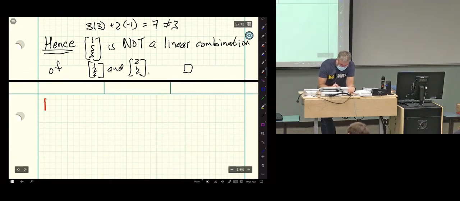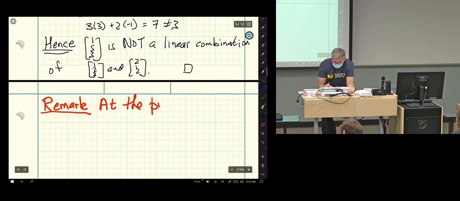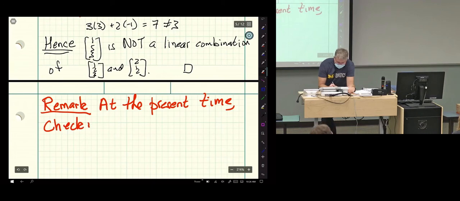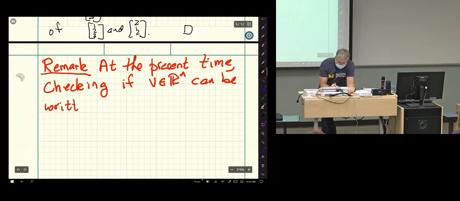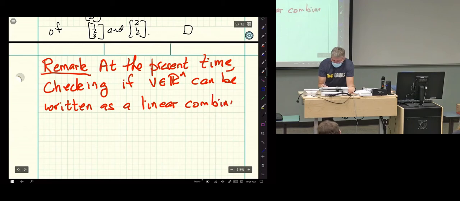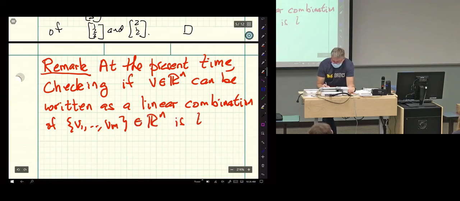Okay, so just a remark. At the present time, checking if v in R^n can be written as a linear combination of some other set of vectors is tedious, and I'll put the remark, and error prone, because even I made a mistake, okay?